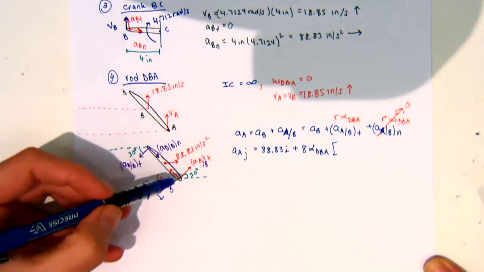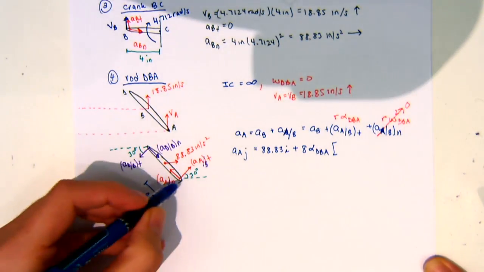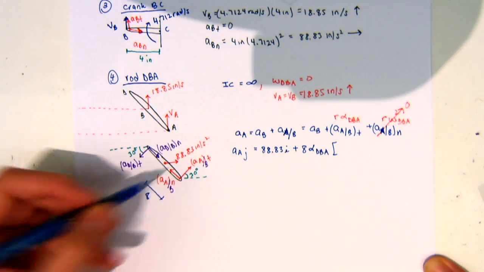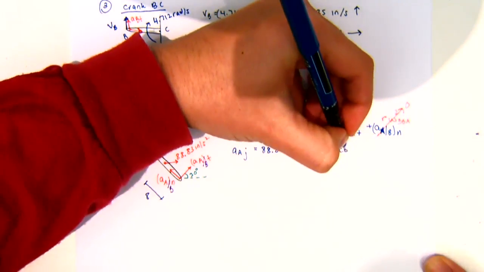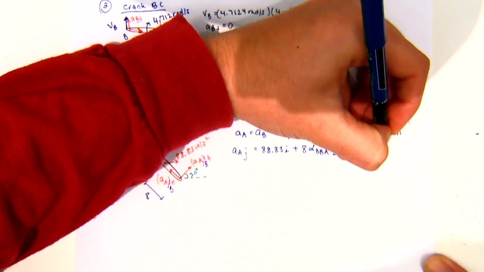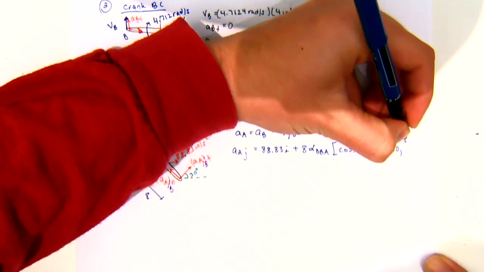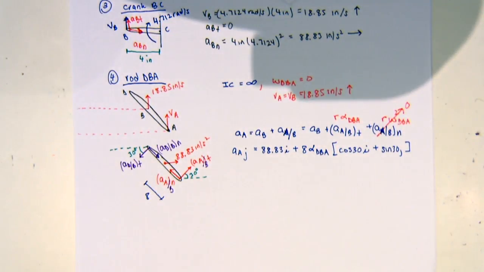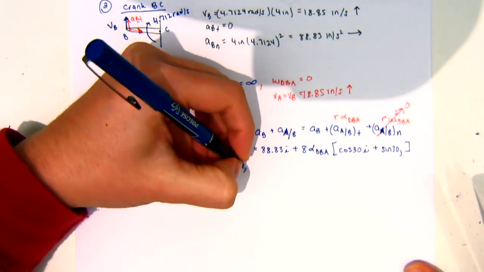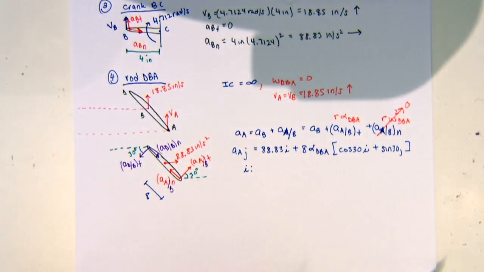So for my i component, that's going to be cosine 30, so I have cosine 30 i, and then for j, I have sine 30 j. Taking this, I can solve for my alpha and my acceleration of point A. If I look at my i components first, I'm equating all of those components.